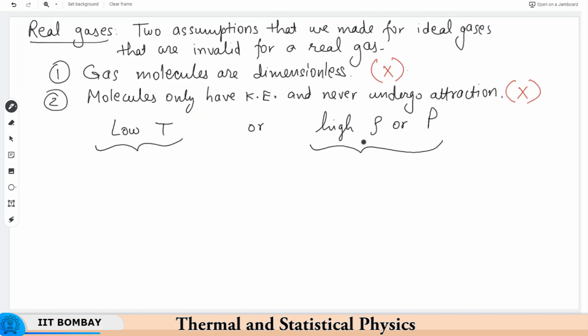But at very high densities, when the gas molecules are much closer to each other, at the moment when intermolecular spacing becomes comparable to the diameter of the gas molecule, that assumption breaks down, right? So therefore we imagine that at very high density, or similarly at very high pressures, the first assumption doesn't hold true, right?